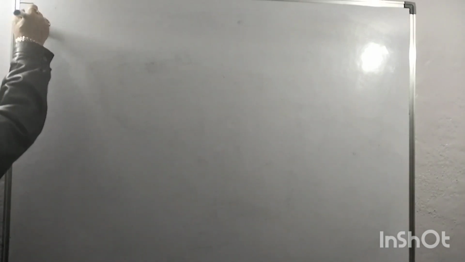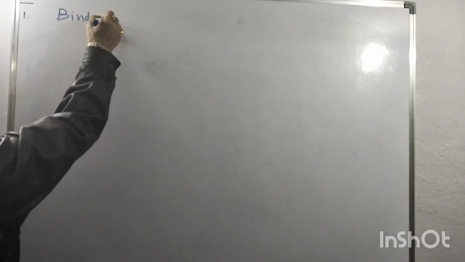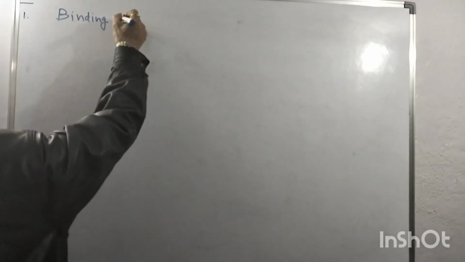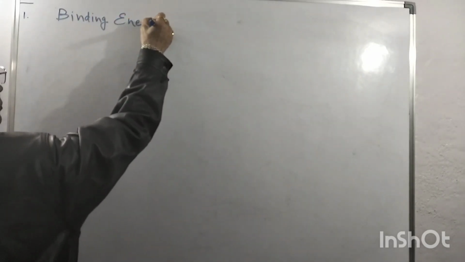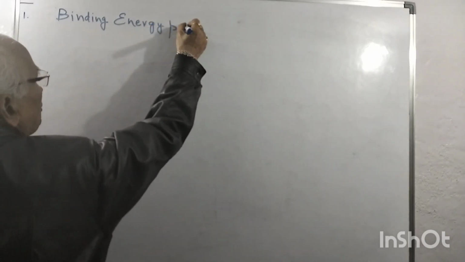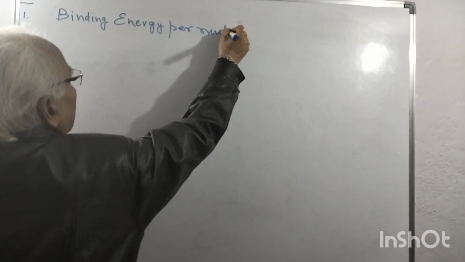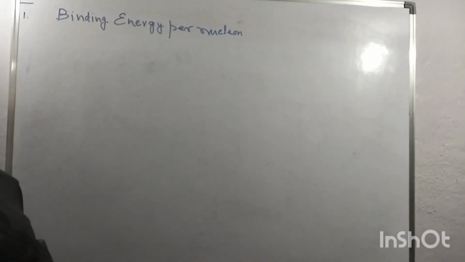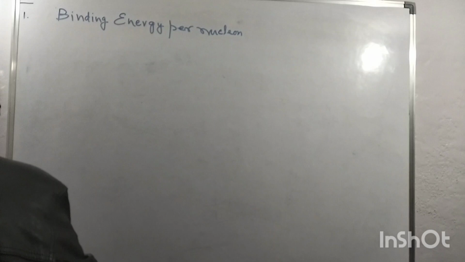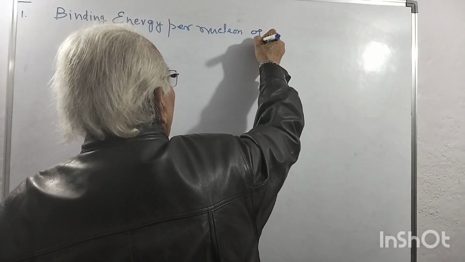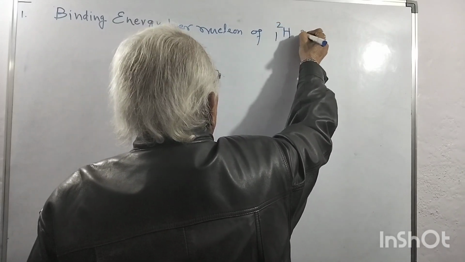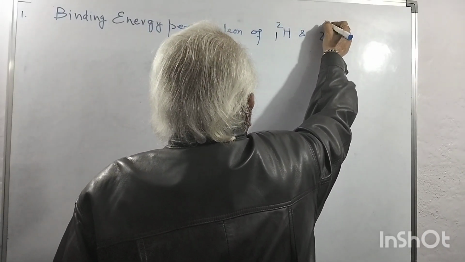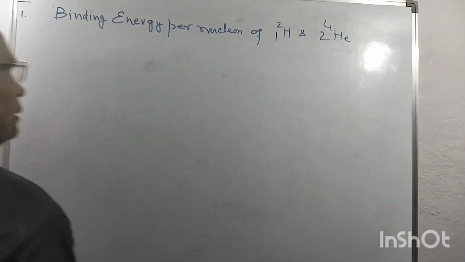Say today, the first problem is the binding energy per nucleon of 1H2 and 2He4, that is the deuterium, and this is helium.